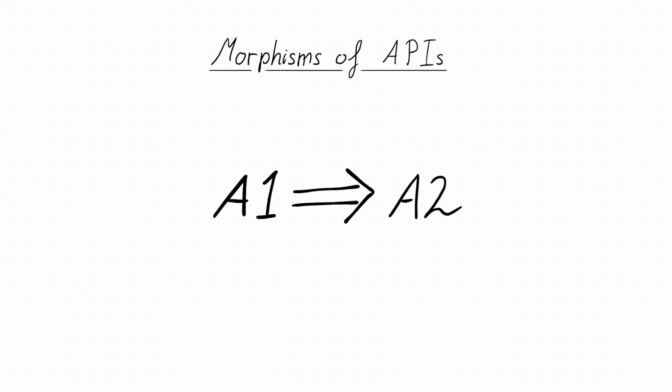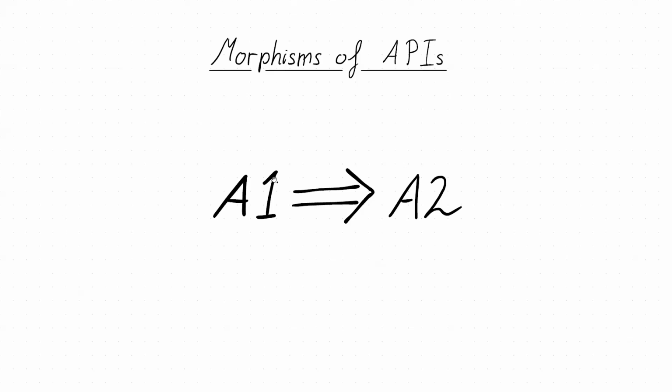We're missing a couple of slides here because I've done this in a hurry, but this slide contains all the information that you need to build large-scale programs, by saying a program that is described by the API A1 can delegate its work to another program with API A2.